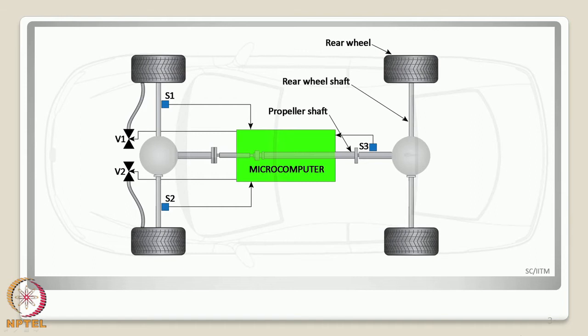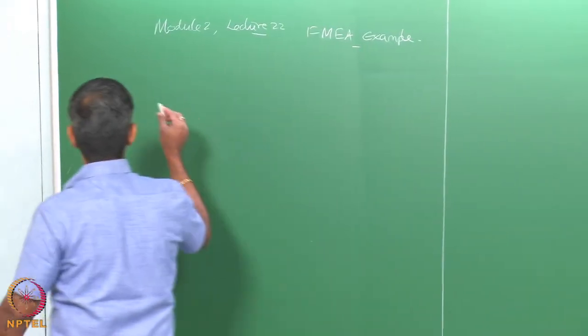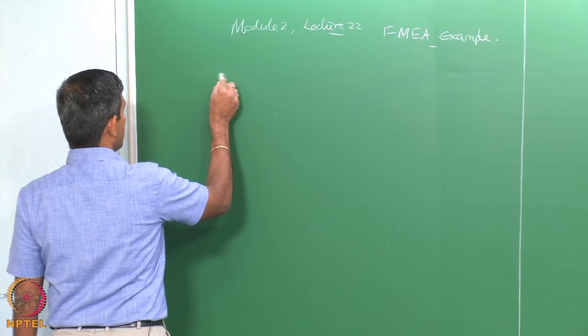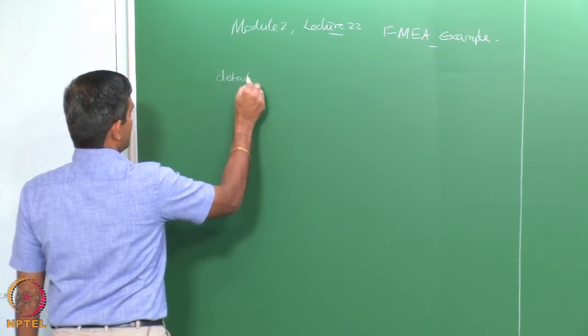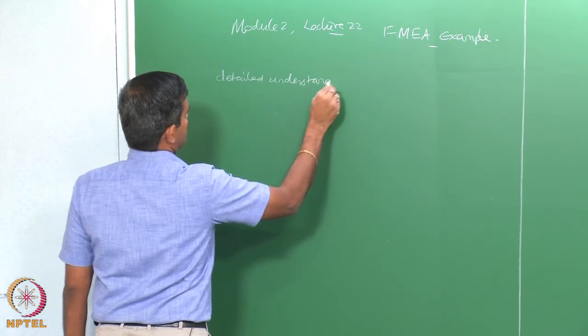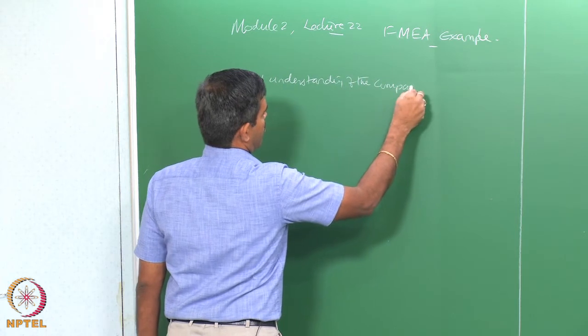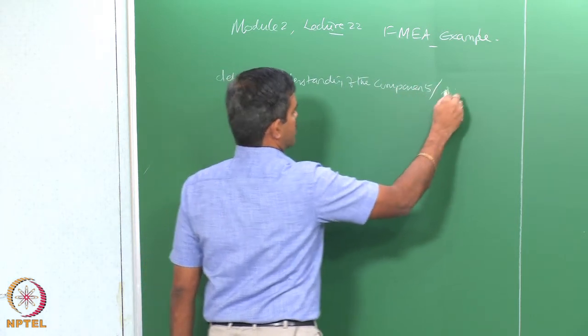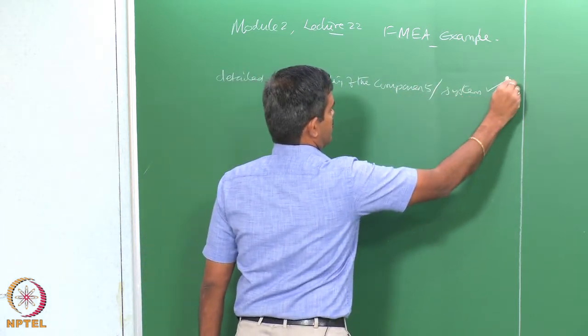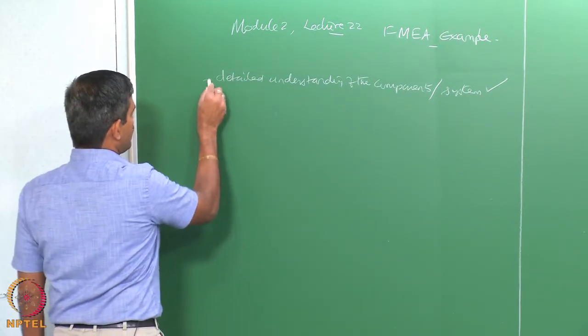This being the function of the whole system, let us now look at the objective of the whole problem. The objective of the problem is to prevent, so let us say, a detailed understanding of the components and the system is carried out. So, let us quickly see what we are looking at.